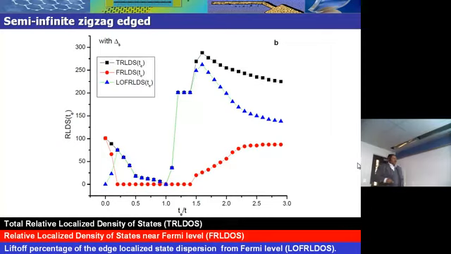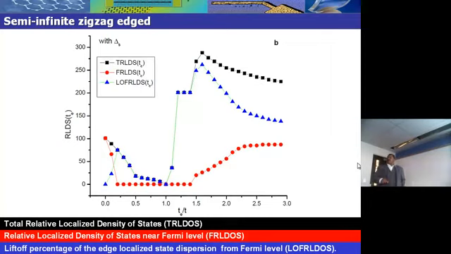There is actually no localized density of state near the Fermi level, which explains the experimental result. Here, as in the experimental condition, we don't have localized state at the Fermi level, but we have some localized density of state away from the Fermi level, which was found in the STM experiment.